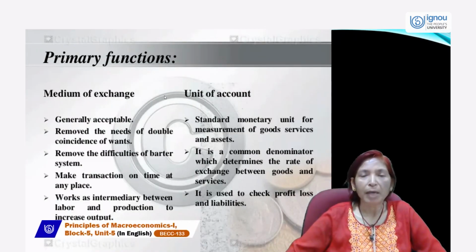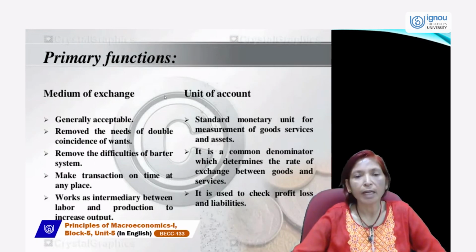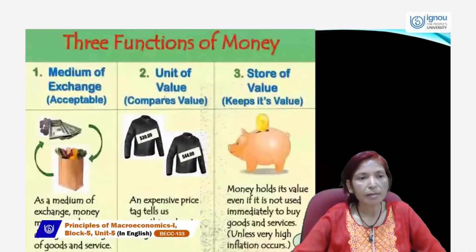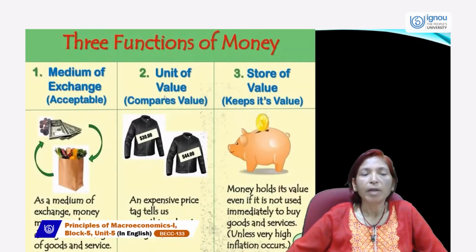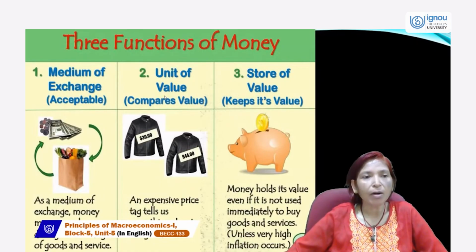So these are the primary functions. It has two subparts: medium of exchange and unit of account. Now next is three functions of money. Medium of exchange, which is generally acceptable by all.